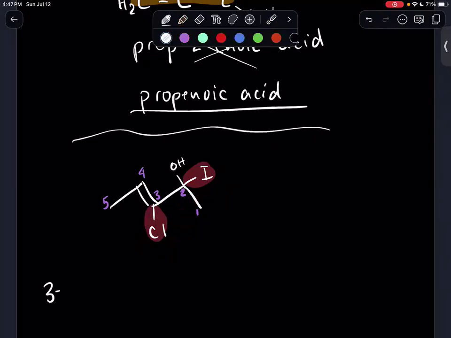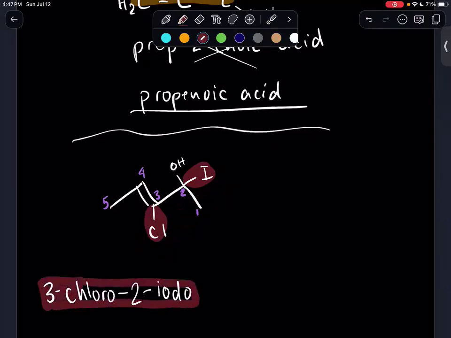So I'm going to start with 3-chloro. Then I'm going to shift over to 2-iodo. And that gets my halogenoalkanes out of the way. So let's go and highlight those. Following my halogenoalkanes, I don't have any more prefixes here. The rest are going to be inside our group.